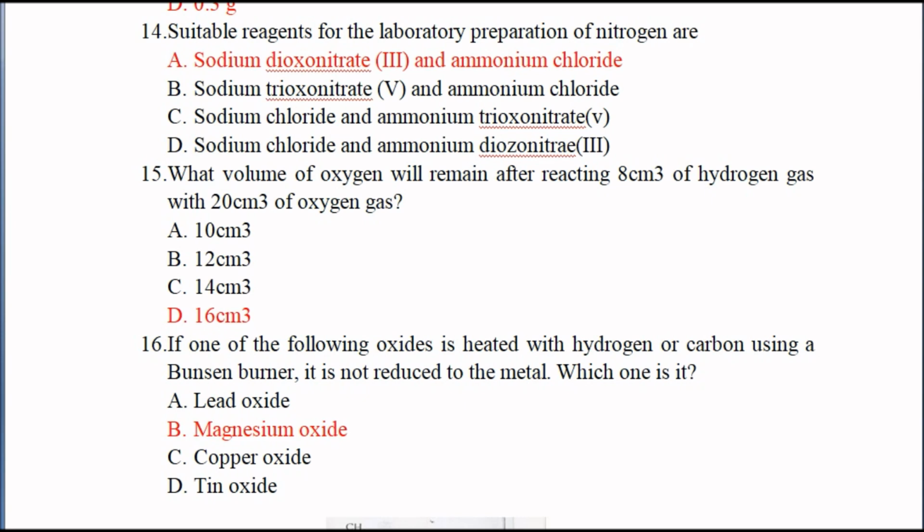The answer is A, sodium dioxonitrate 3 and ammonium chloride. That is what is used in the preparation of nitrogen.